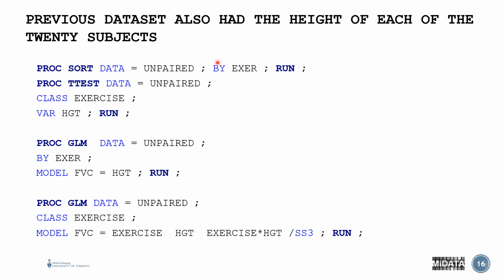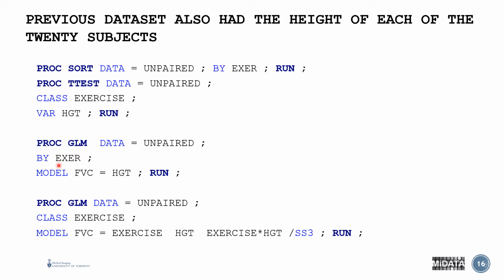We just do proc ttest on the unpaired data set with exercise as the class variable, but now we're looking at height. The next thing we can do is look to see whether or not there's a relationship between height and FVC. In this case, we're going to do it by level of exercise. We could have put exercise here, or exer would have done the same thing.